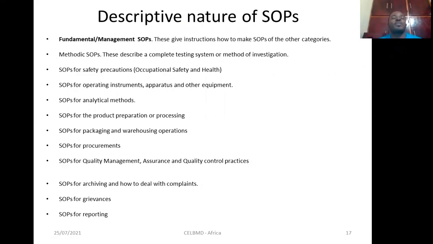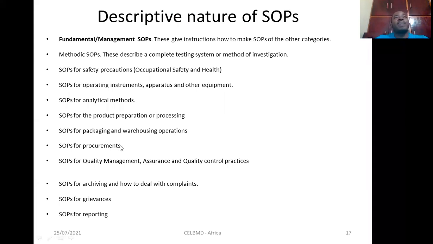Now, other forms of SOPs can be descriptive of the task that they seek to handle. Management SOPs are fundamentally what we've explained. Methodic SOPs, you'll find the explanations by the side. SOPs for safety precautions, occupational health and safety at workplaces. SOPs for operating instruments, such as in laboratories.